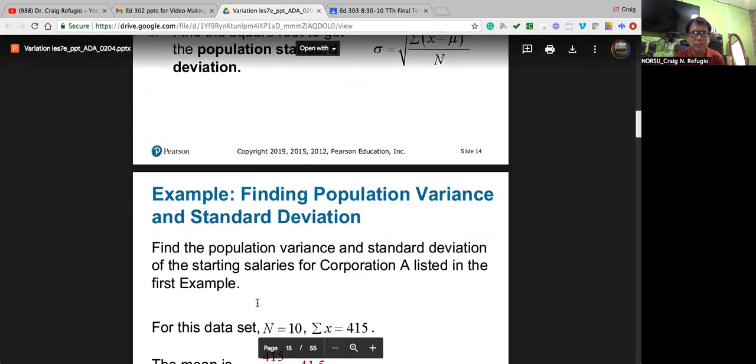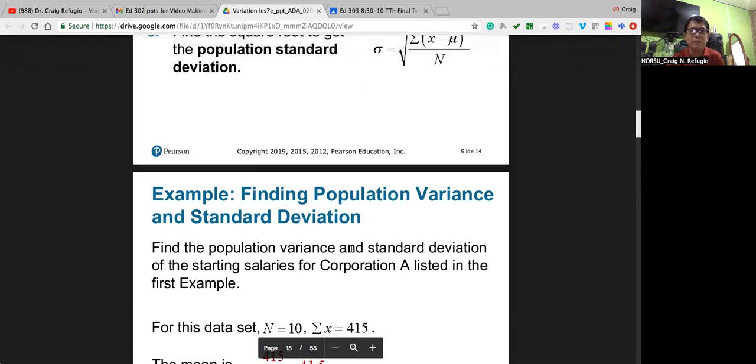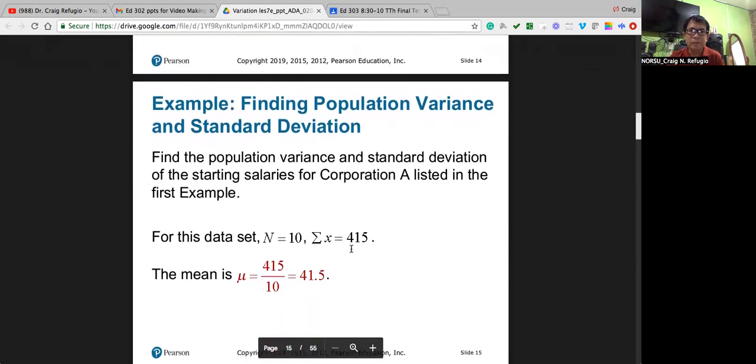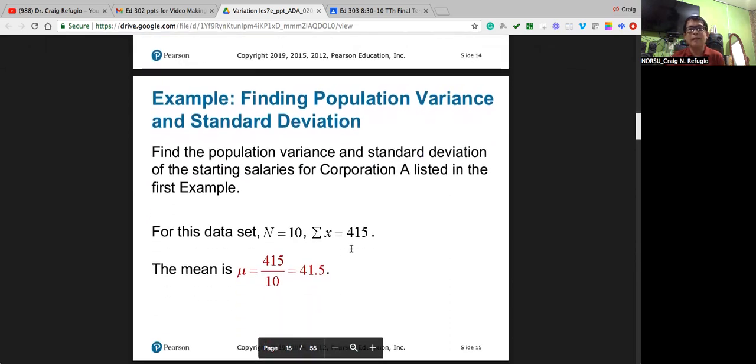Find the population variance and standard deviation of the starting salaries for Corporation A listed in the first example. For this data set, capital N is equal to 10, and the summation of x is equal to 415. Look at the data set, the data in Corporation A, and review the video.